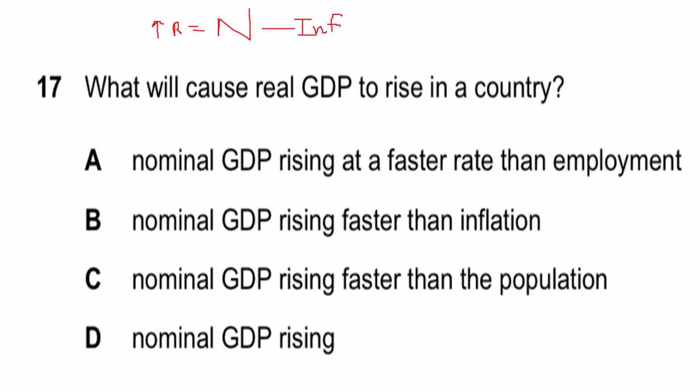Nominal GDP is rising more than the inflation. So unemployment, nothing to do. Real GDP has nothing to do with unemployment. It has nothing to do with the population. It has to do with inflation. Yes, nominal GDP minus inflation. If nominal GDP is rising faster than inflation, then it would be an increase in real GDP for sure. So 17's answer will be B.